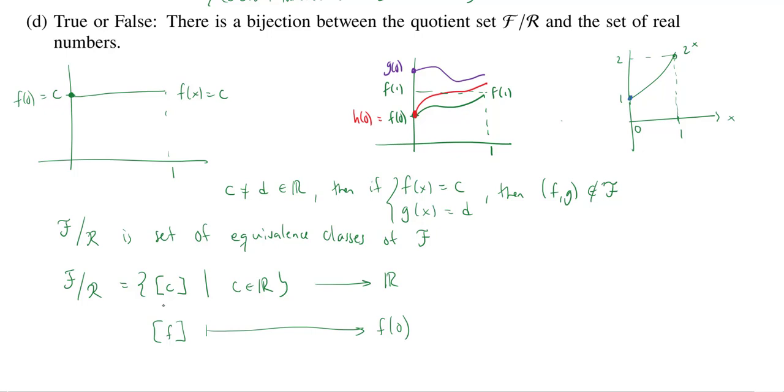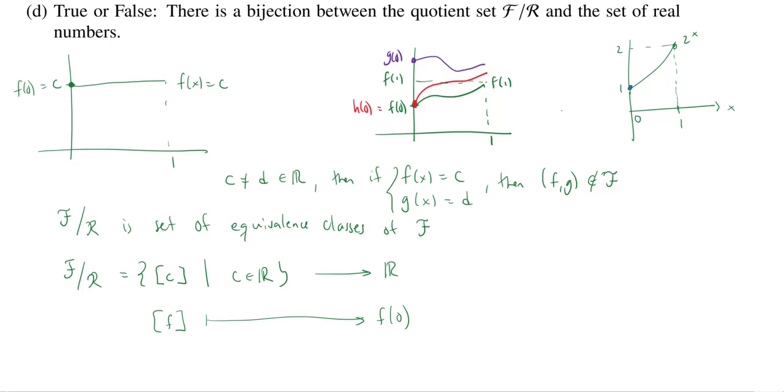But because we know that once you know what the function is, it doesn't matter which element in the class you take, the f of 0, or if there was a g in there, g of 0, they're all the same, then we know you're not going to two different numbers here. So this is a function.